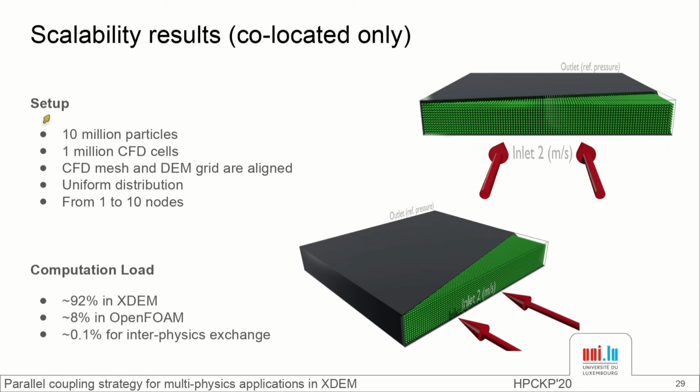The particles are distributed uniformly within the whole CFD domain, and then we're going to measure the scalability from 1 to 10 nodes. In that case, we have 28 cores on each node.